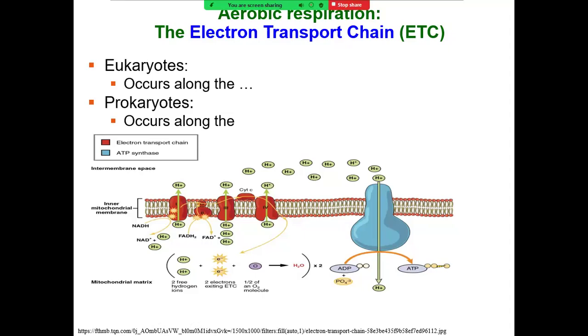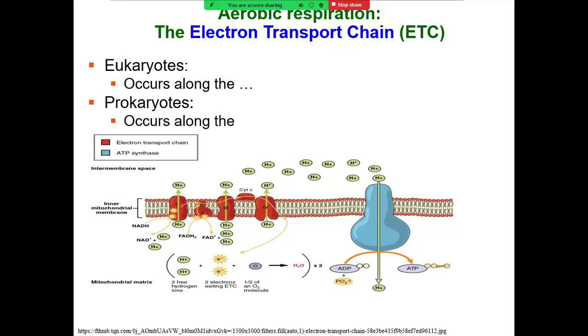There's more hydrogen on this side than that side, and so hydrogen will want to move from areas of high concentration, meaning this side, to that side. As well, there's more positive charges on this side of the membrane than on that side. So these positive charges will want to move to this side of the membrane.